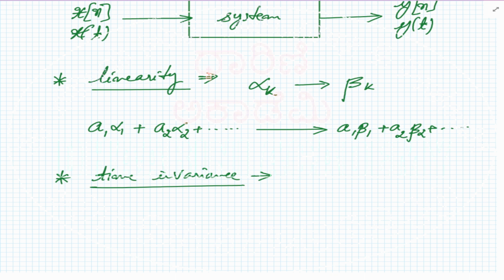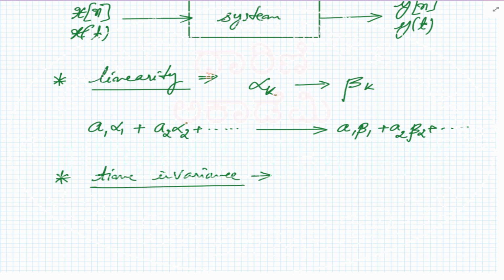Time invariance is the property that there is no change in the response of the system when the time is changed. Let's say I give 2 volts today at 6 o'clock and get an output of 4 volts. If you give the same 2 volts tomorrow, anytime, the output is still the same. Output is not dependent on the time variable.